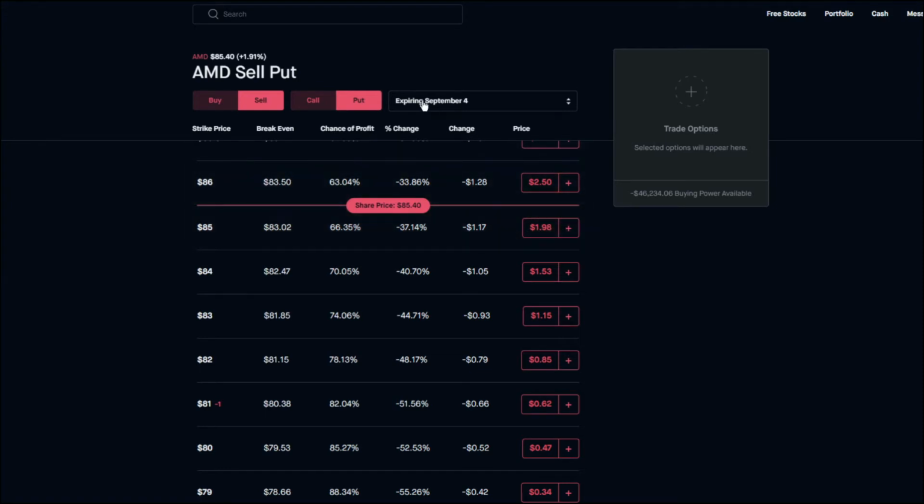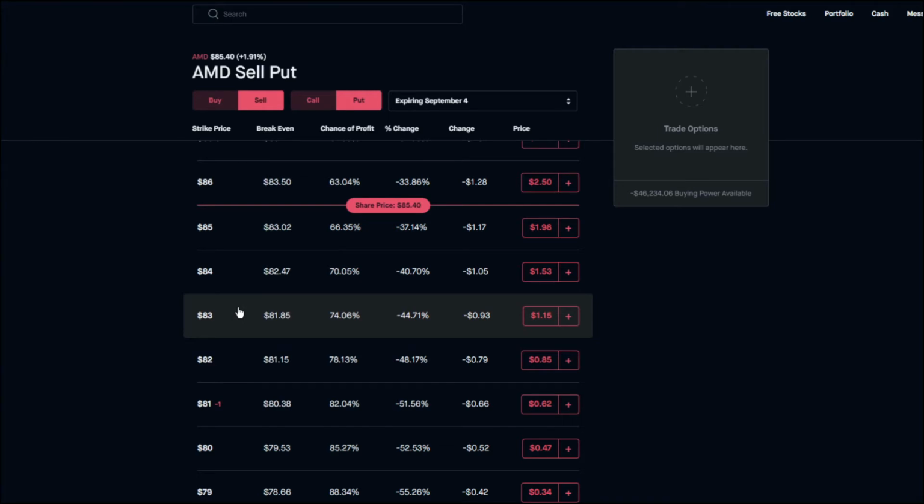So now what this means is when you're selling a put, if the share price of the stock drops below the strike price, the one that you're selling it at, then you're going to be forced to execute this.